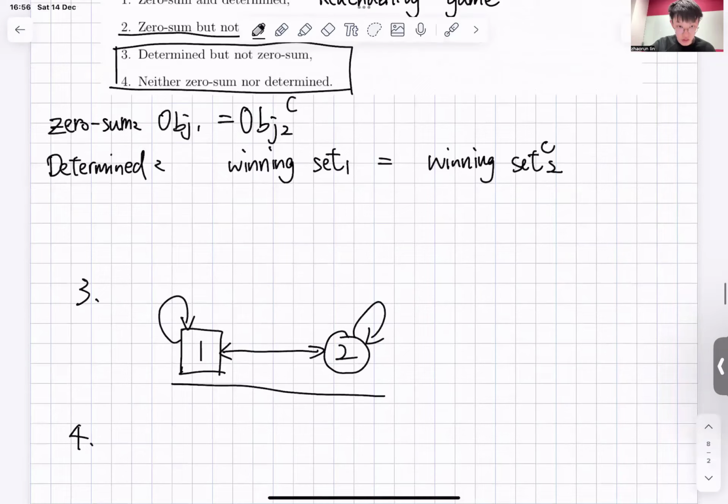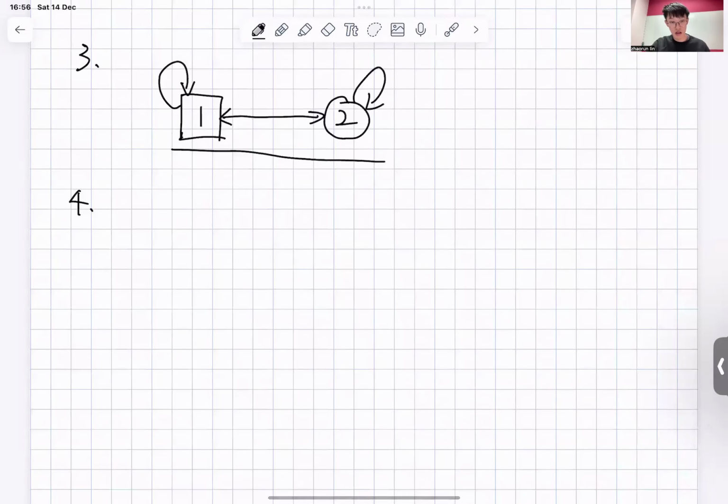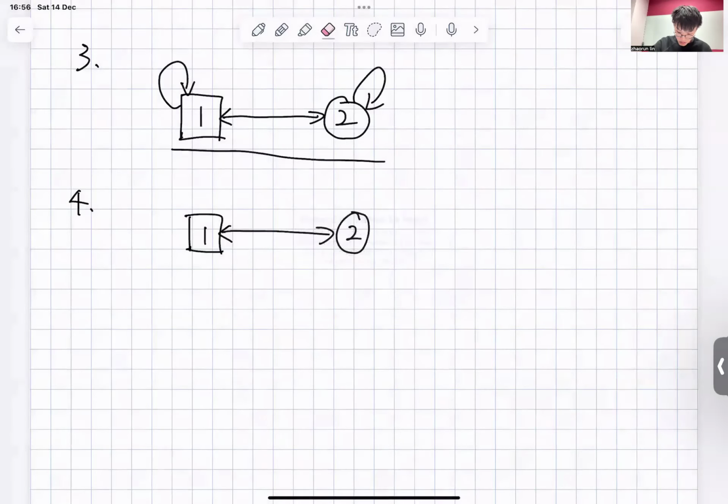For the game that is neither zero sum nor determined, we can have this game. Player 1 is forced to take this edge to player 2's vertex, and then player 2 is also forced to take this edge to player 1's vertex. They cannot stay at their own vertex infinitely many times.